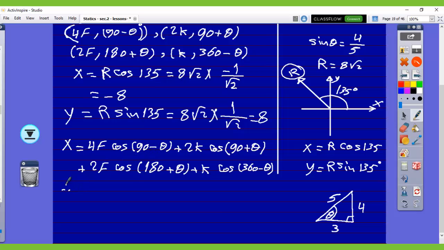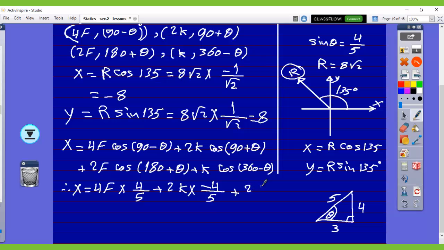So we have x equals 4f cosine 90 minus theta, which is sine theta, equals 4 over 5, multiply 4 over 5, plus 2k cosine 90 plus theta equals negative sine theta, negative 4 over 5, plus 2f cosine 180 plus theta.